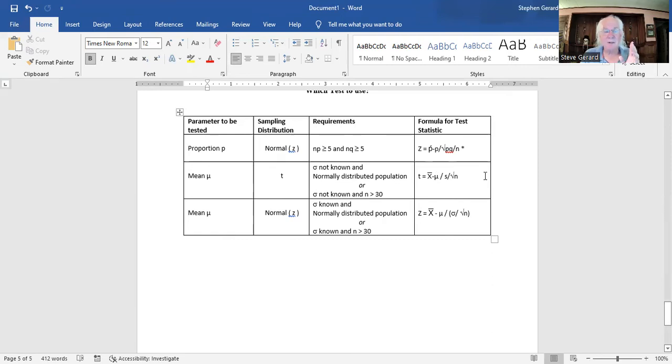Now, what we're testing here is whether my sample is different from what my population is. How do you know what the population mean is? Well, in some cases we have a lot of tests.